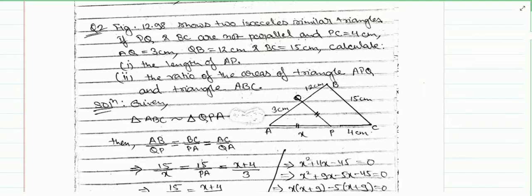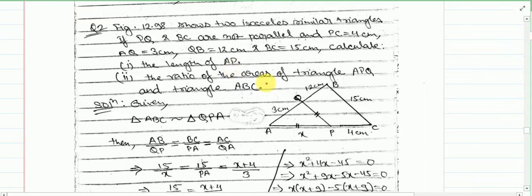So here it says that in figure 12.98, so this is the figure, shows two isosceles similar triangles. If PQ and BC are not parallel, and PC is 4 centimeter, AQ is 3, QB is 12 and BC is 15 centimeter, calculate the length of AP.